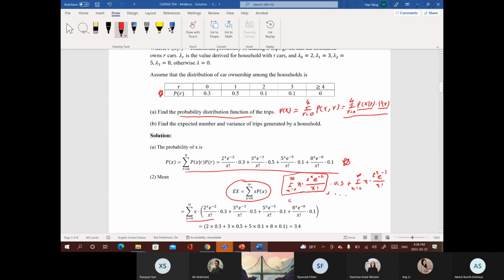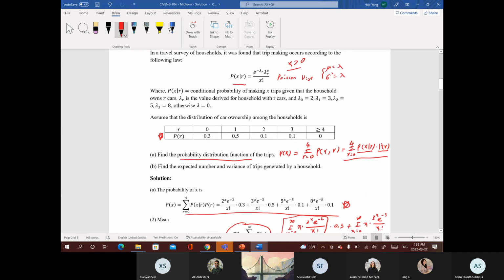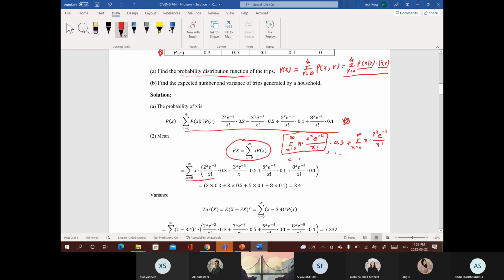For the Poisson distribution, the mean value is lambda, and the variance is also lambda. So we get 2 times 0.3 plus 3 times 0.5 plus 5 times 0.1 plus 8 times 0.1, which will give you the result as 3.4.